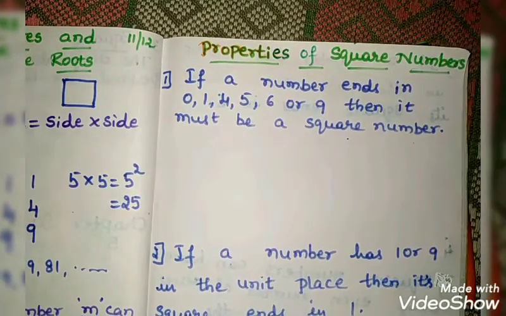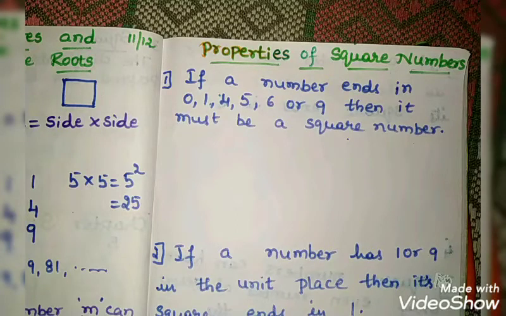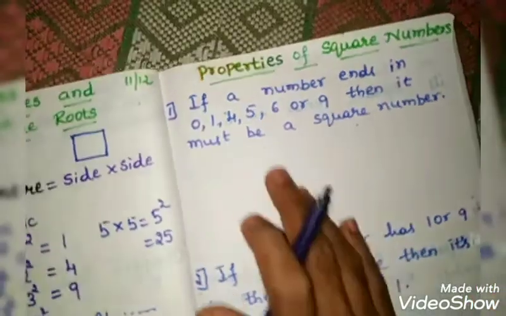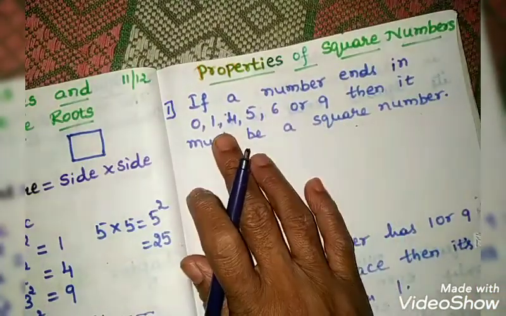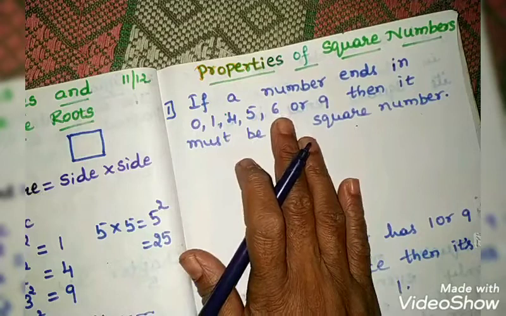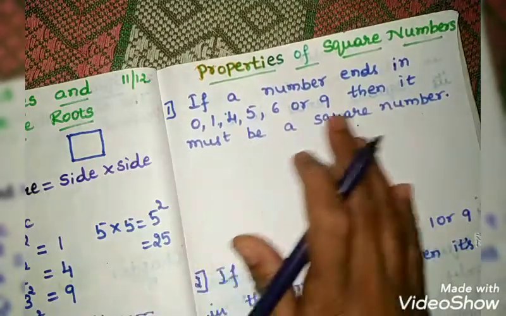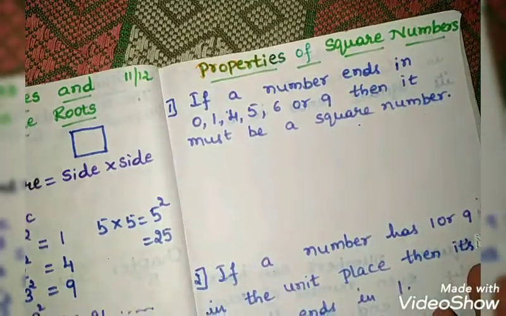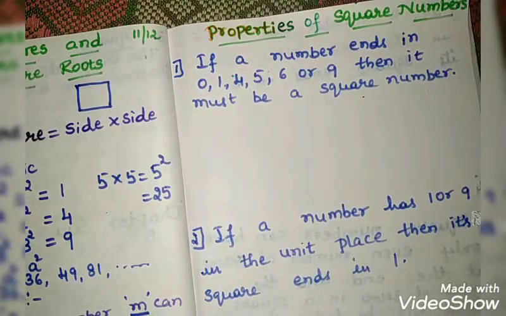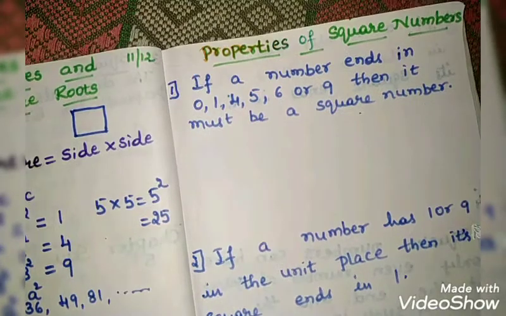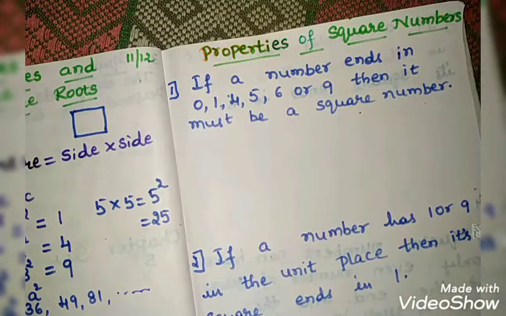Let us go through them one by one. First one, see children, if a number ends in 0, 1, 4, 5, 6 or 9, then it must be a square number. Do you agree with me? Let us check it out.